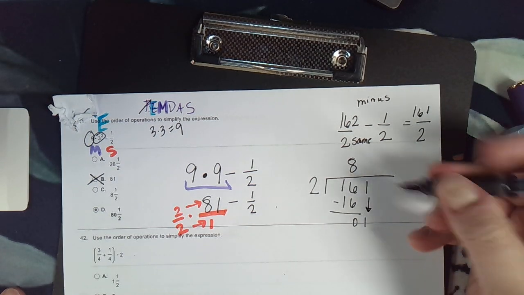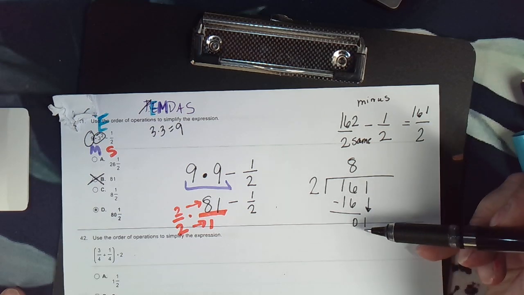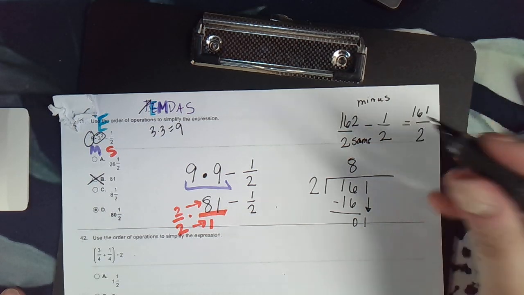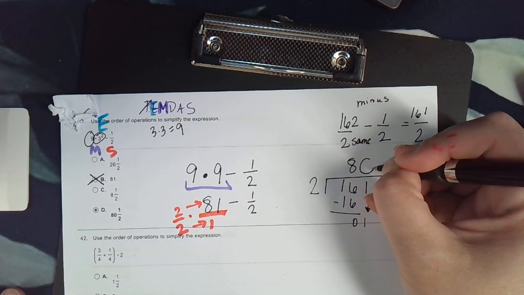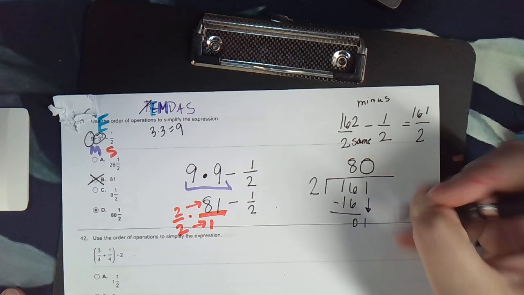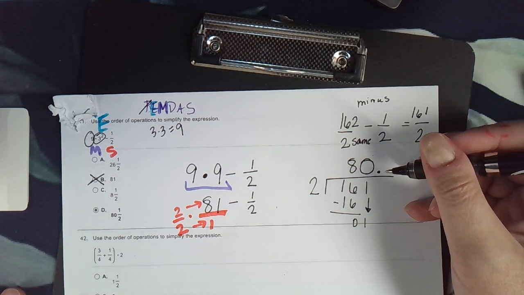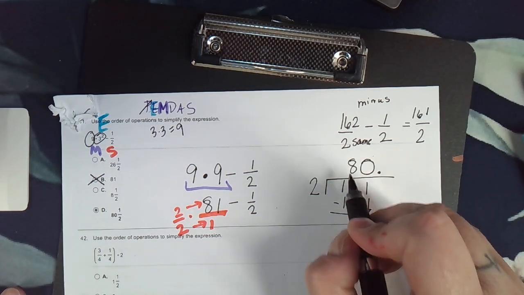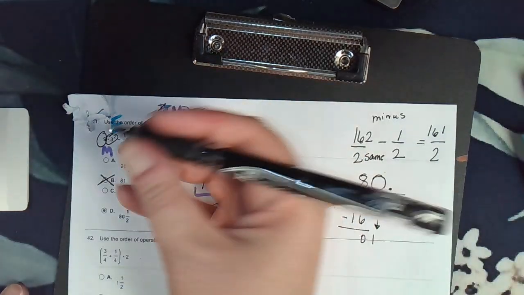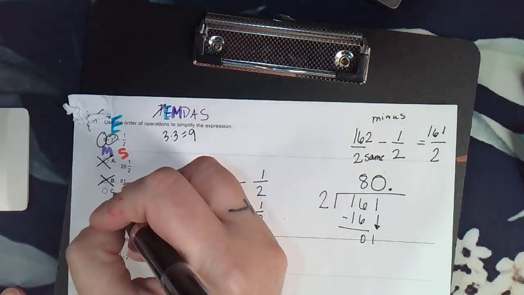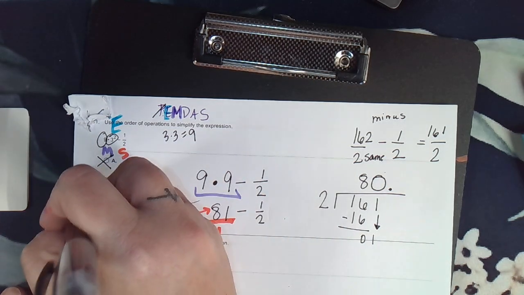How many times can 2 go into 1? It can't. So you put a 0, and then the remainder would start. So we need 80 and something. So A is out, C is out, so it must be D.